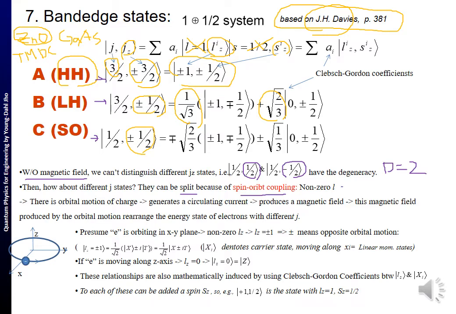Please note that L is 1, L is a non-zero value. When L is non-zero, there is always spin-orbit coupling. You will always see spin-orbit coupling in materials as long as L is non-zero, not only 1 but also 2 and 3 and so on. Quite recently, TMDC material is not actually an L equal 1 state.